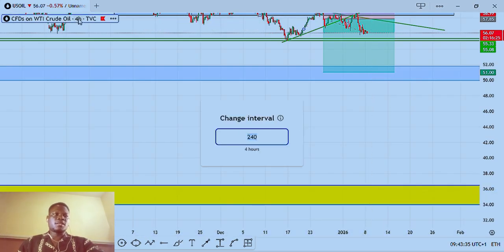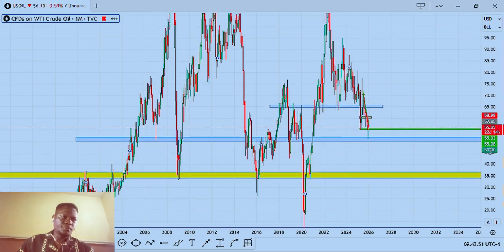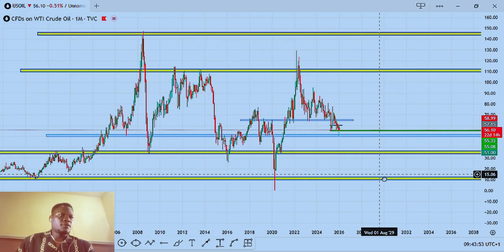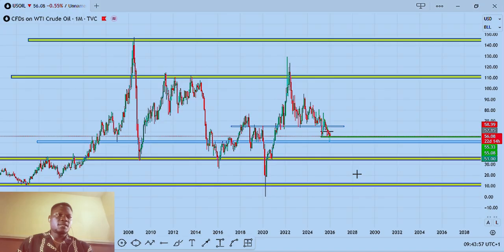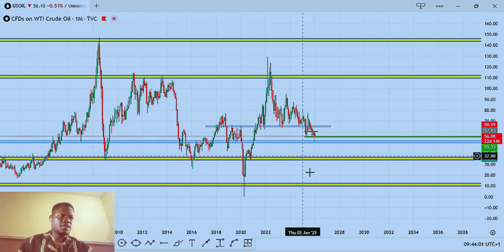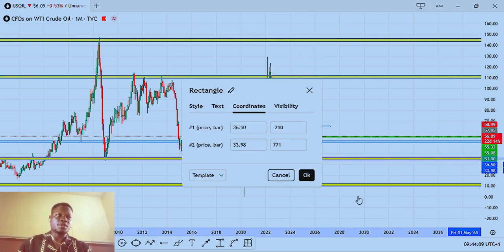But let's go to the monthly time frame, guys. The direction of the trend, right? So now on this monthly time frame, you can clearly see the next institutional level that this trade is looking at is this level of 36 to $40.